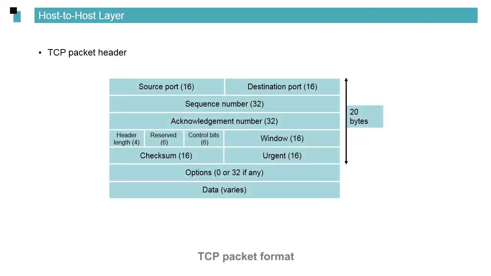TCP packet format. In the picture, the data field carries upper layer data, and the TCP packet header is attached before the data field. The source port field is a source port number, and the destination port field is a destination port number. A port number is an integer ranging from 0 to 65535.